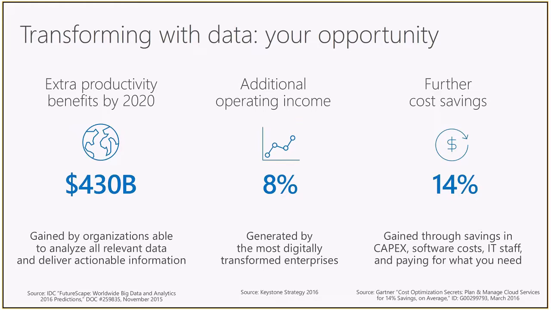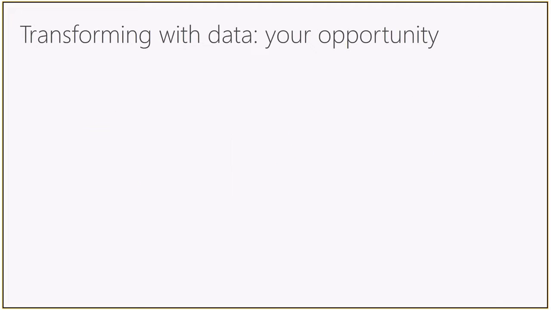So why is that also important, as far as profit goes? Well, according to the IDC, organizations that are able to analyze all relevant data and deliver actionable insight will achieve an extra $430 billion in combined productivity and benefits by 2020. And according to Keystone, organizations evolving how they leverage data analytics and the cloud generate an average of an extra 100 million, or 8 percentage points of operating income per year.